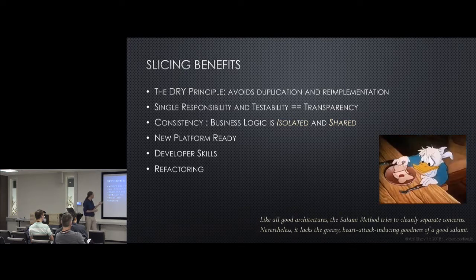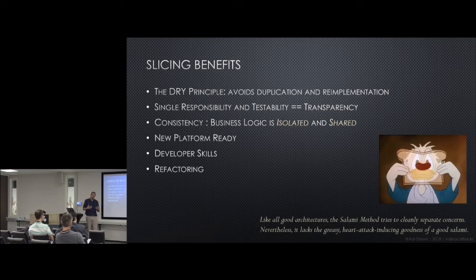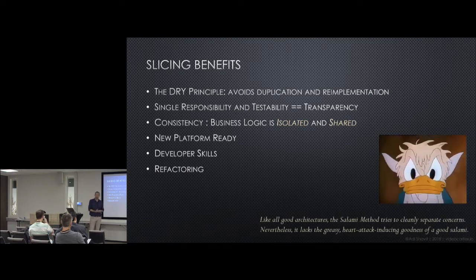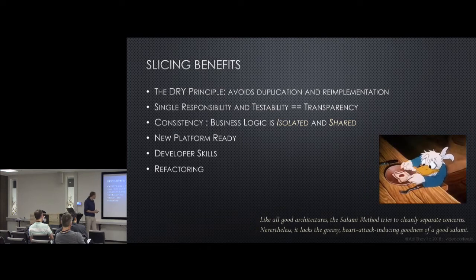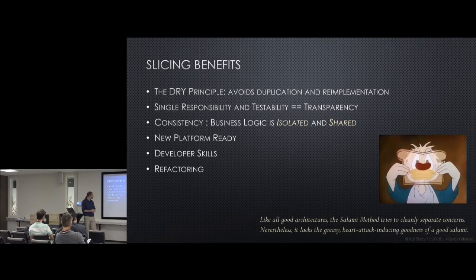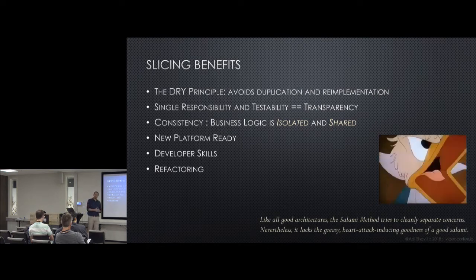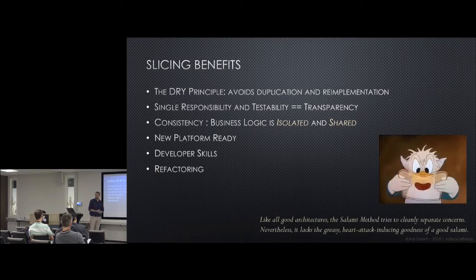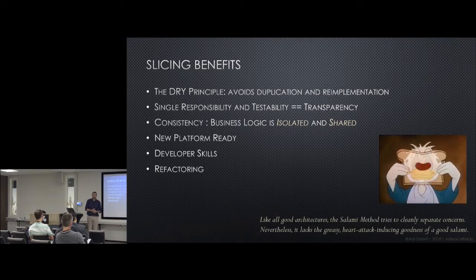And again, the transparency, which really comes from the single responsibility and testability. So whenever our system has very clear roles and very clear targets, then everything is much easier to maintain and to test. And of course, the business logic is totally isolated and shared. So as I said, as a byproduct, it means that whenever there's a new system, let's say the Windows mobile operating system becomes the hot thing of 2019, suddenly, then our system is almost ready.